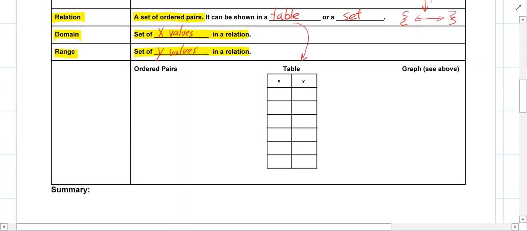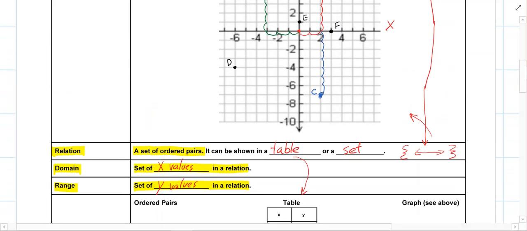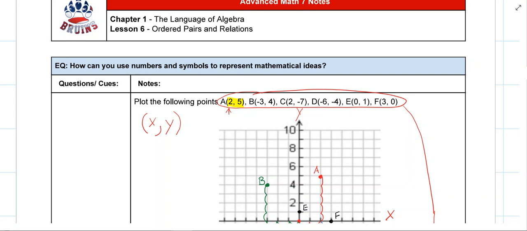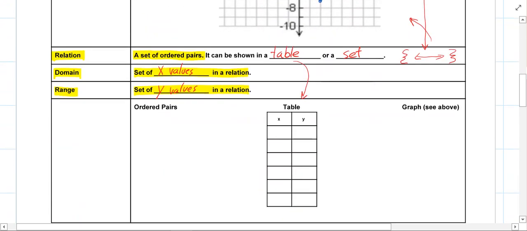Lastly here, before we get into the exercises of practicing, we want to list the ordered pairs first from up above. So I'm going to be going up and down, up and down, getting these. Okay? The ordered pairs were 2, 5, -3, 4, 2, -7. I think I can remember 2 of them, 2, 5, and -3, 4.